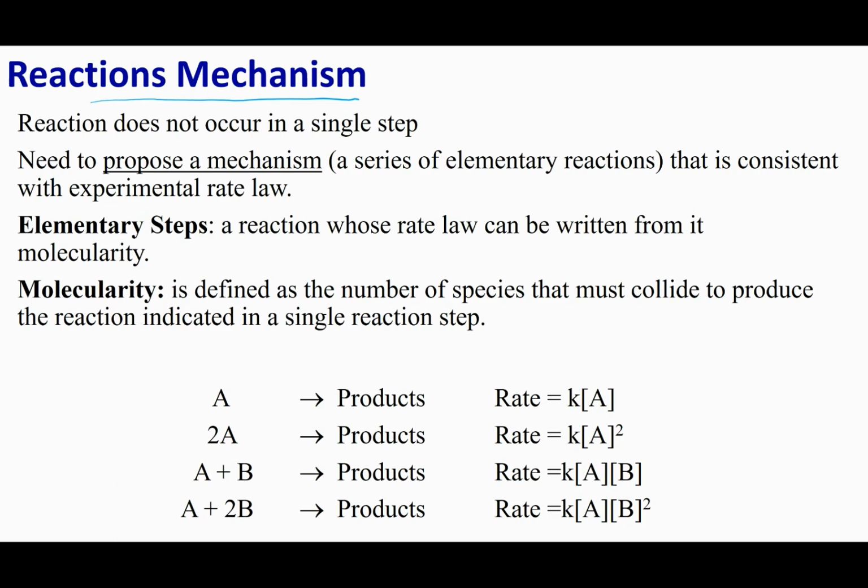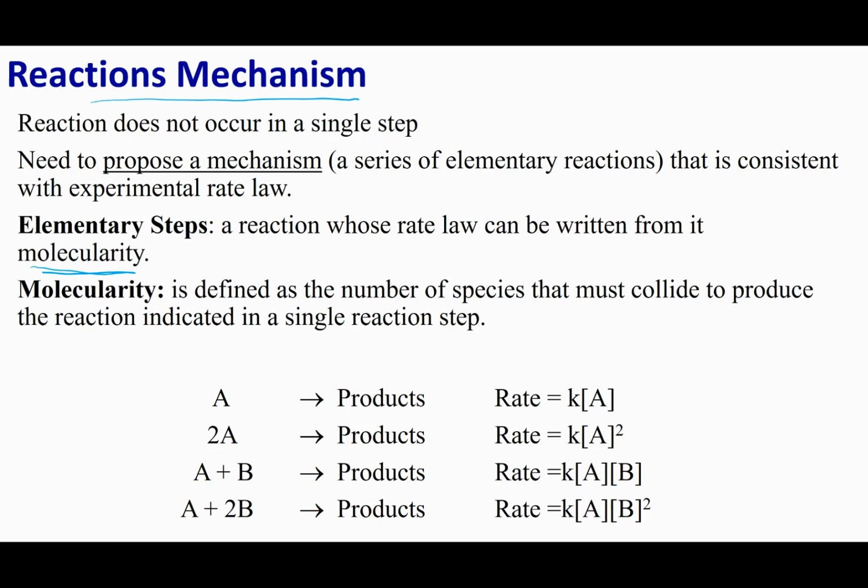While the overall reaction cannot be written based on the stoichiometric coefficients, for each individual elementary step, I can write the rate law based on the stoichiometric coefficients, or in other terms, the molecularity of that reaction. Molecularity just means what things are coming together, what things have to interact for that reaction to take place.